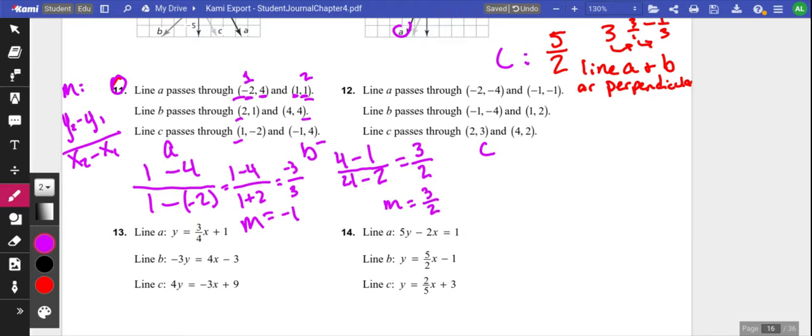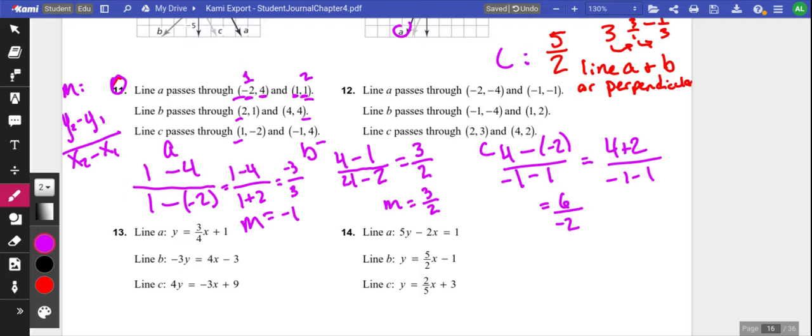Okay, last one, C. I'm thinking, okay, y2 is 4 minus y1 is negative 2, x2 is negative 1 minus x1 is 1. So I've got 4 plus 2 over negative 1 minus 1. Okay, so 4 plus 2 gives me 6. Negative 1 minus 1 gets me negative 2, which is going to simplify down to negative 3. I think that's exactly what we had before.